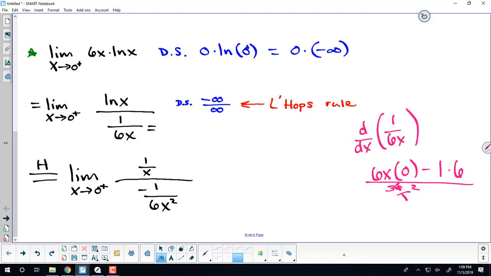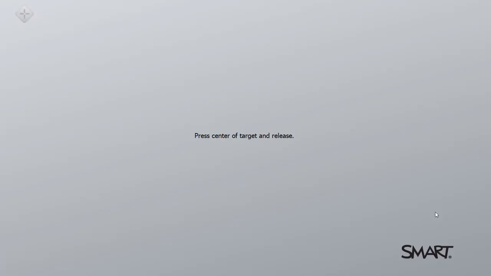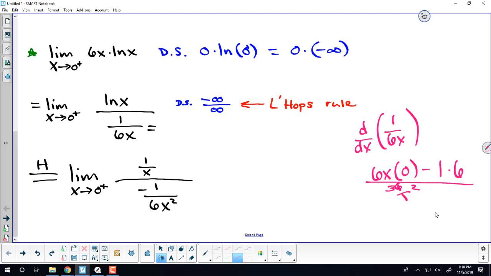Oh, that's right. Try this again. So you get a negative 6 divided by 36.